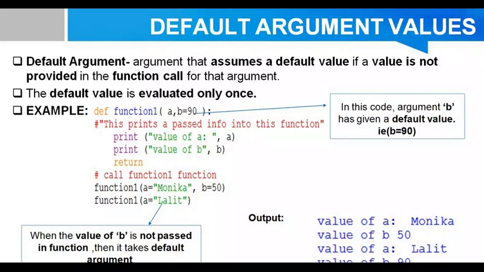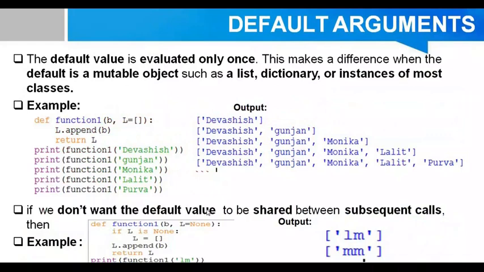Next is the default arguments case with a mutable object. If you want to use default values with mutable objects such as list, dictionary, or instances of classes, etc., how do you use that?